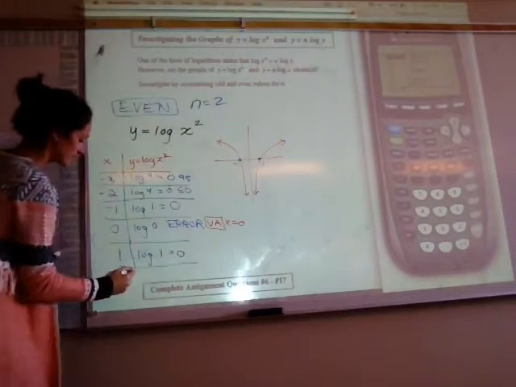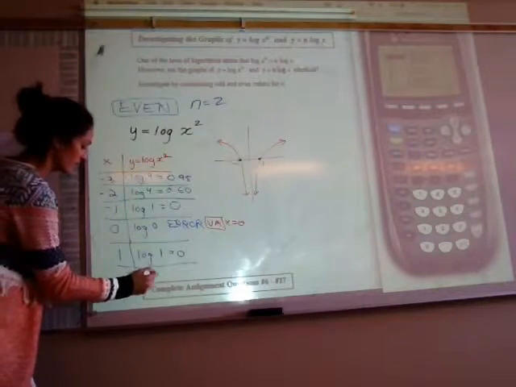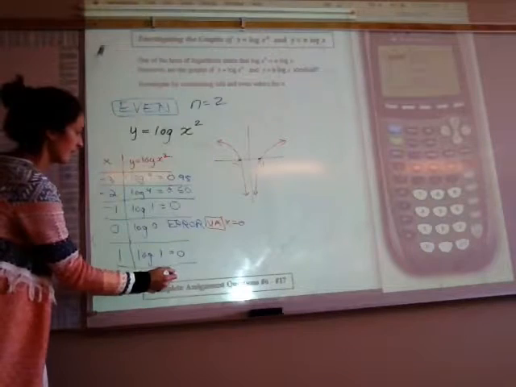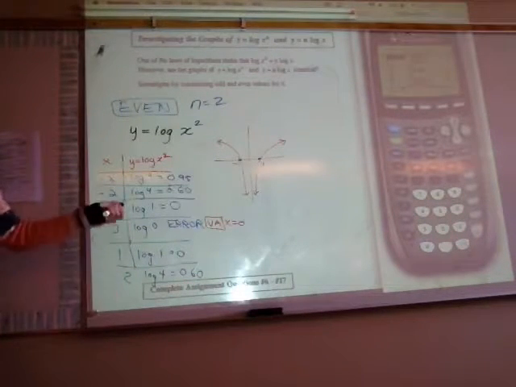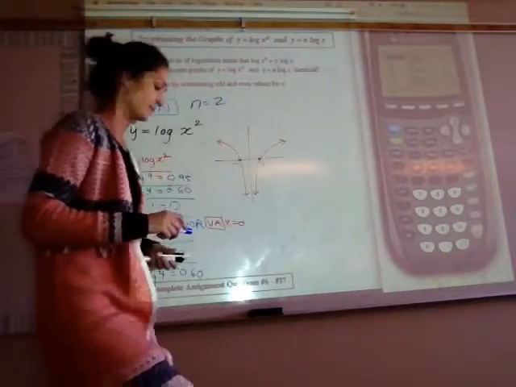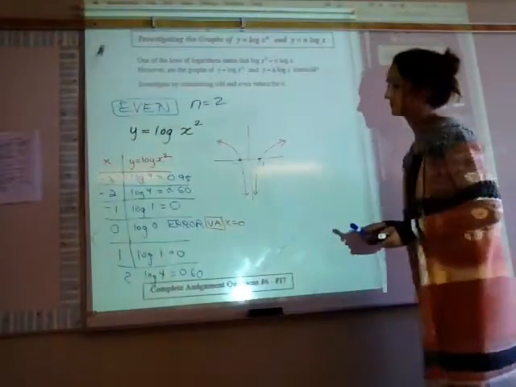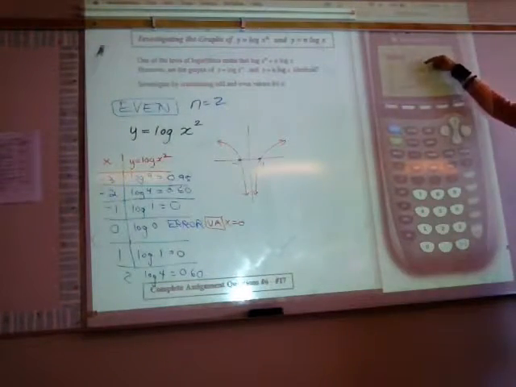If we carried on subbing in x equals 2, that's equivalent to log 4. 2 squared is 4. That gives us 0.6. Do you guys think these values are mirroring each other? Yeah. When we check out the table of values, we can see that they're exactly the same.